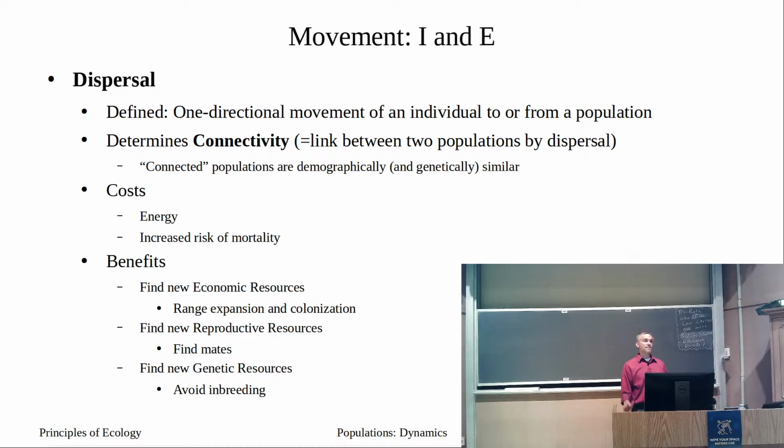And at the same time, our population that receives immigrants gets their genetic variation. And this is pretty big because if the environment changes, we hope to have the variation that allows us to adapt. So these benefits do exceed the costs. That's why we see it.